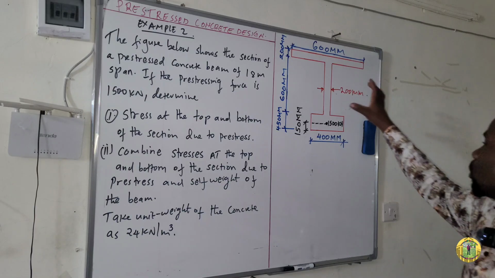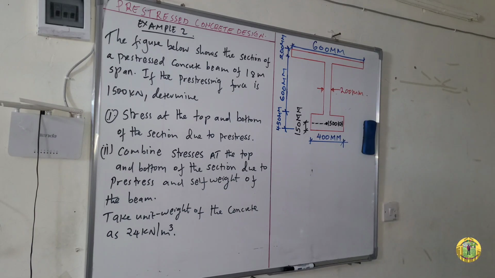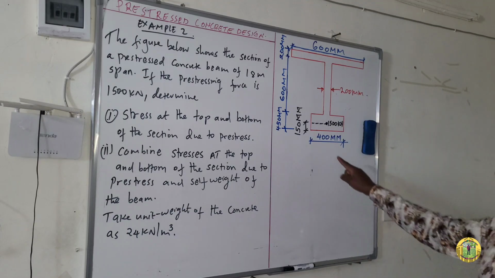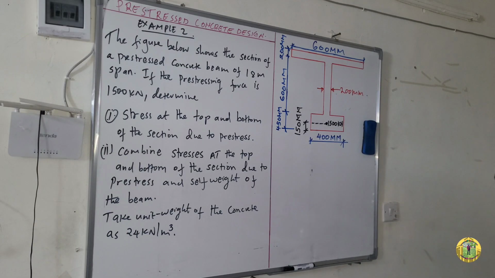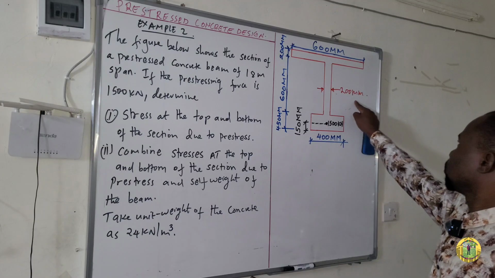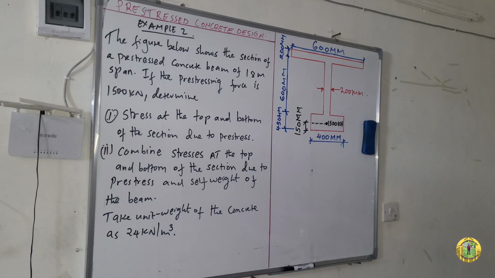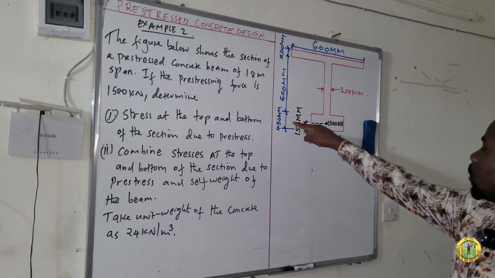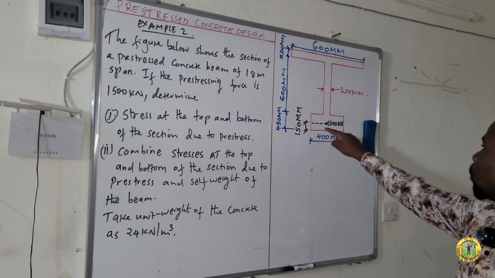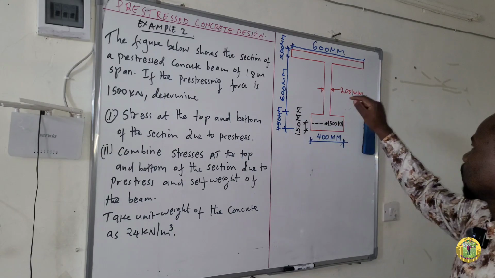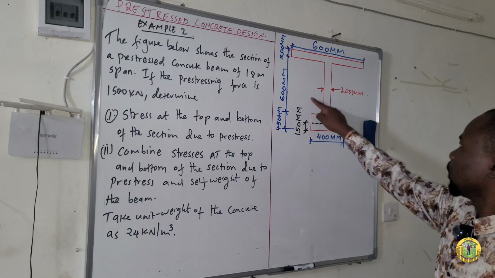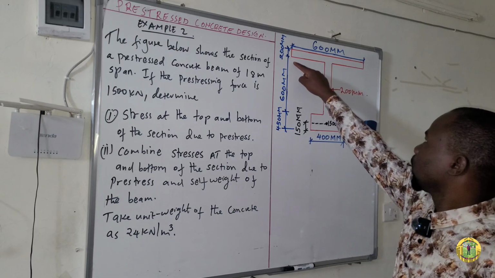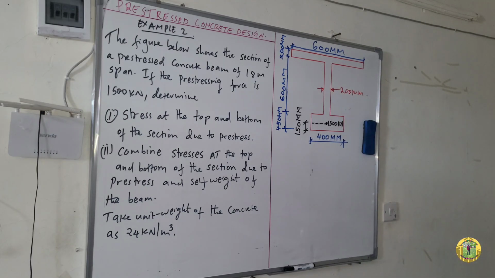So this is the section of the beam. As you can see, the top flange is 600 millimeter and the bottom flange is 400 millimeter. The thickness of the web is 200 millimeter, the width of the bottom flange is 450 and the height of the web is 600 millimeter, and the width of the top flange is 200 millimeter.